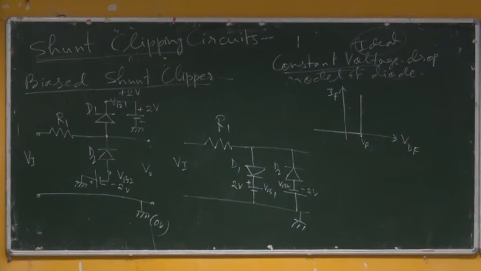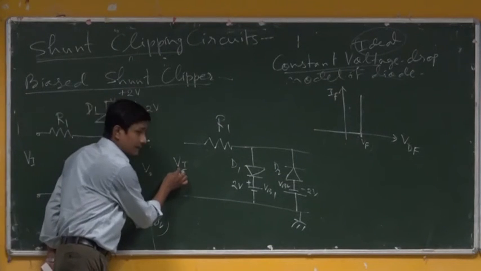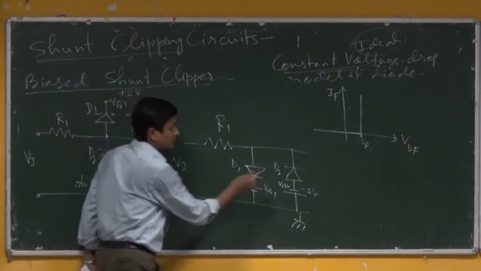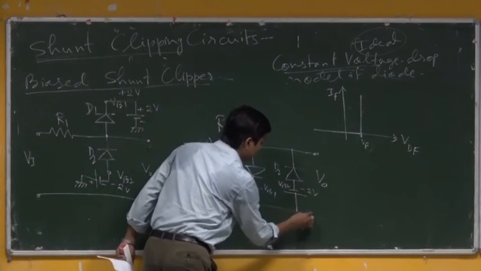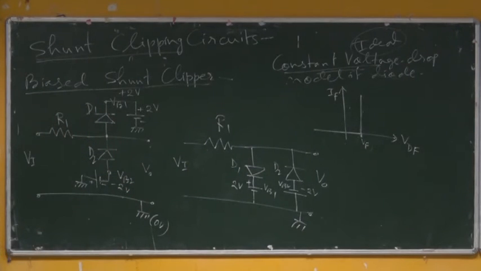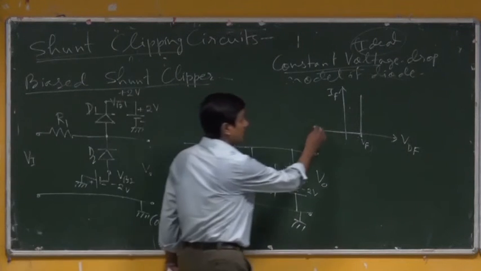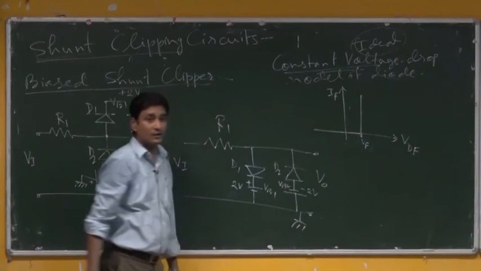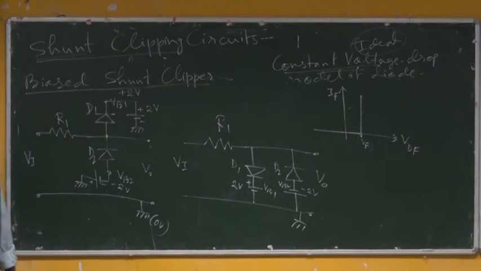Fine. Now if I ask you some potential I have applied as Vi there, I have to find out the V0 at the output, which I was asking you here in this configuration. Okay. So the idea we were having earlier, let's consider the constant voltage drop model here again to analyze.